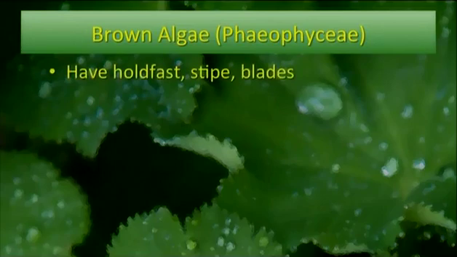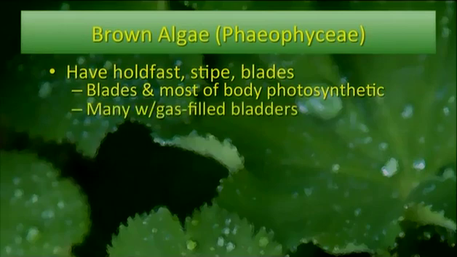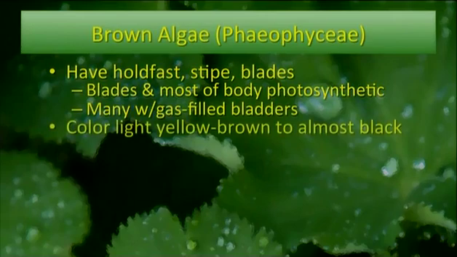So they have a holdfast, stipe, blades. Okay, these are parts of them, but they're not really organs per se. So blades and most of the body can do photosynthesis, and many of them have these bladders that help keep them buoyant. Okay, their colors are light yellow brown to almost black.